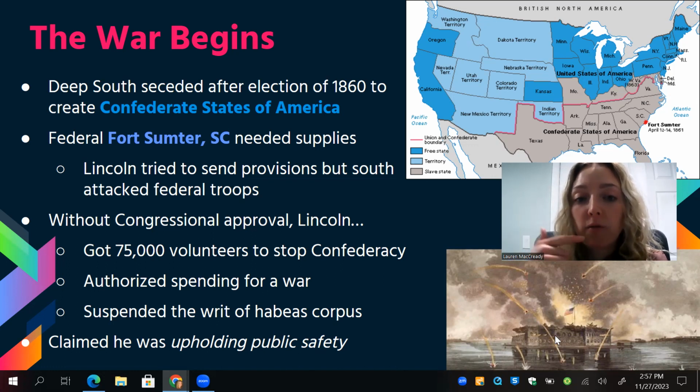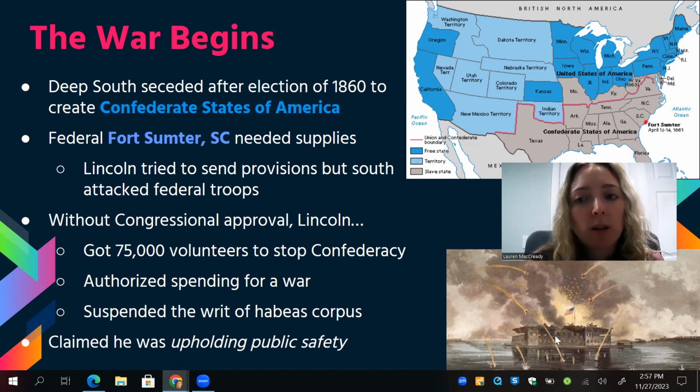He authorized spending for the war, and he suspended the writ of habeas corpus, which is in regards to a lot of your trial privileges. You could just be put in prison without necessarily knowing why you're being put in prison. You'd just be held in prison. So he bypasses Congress and makes all of these power moves.